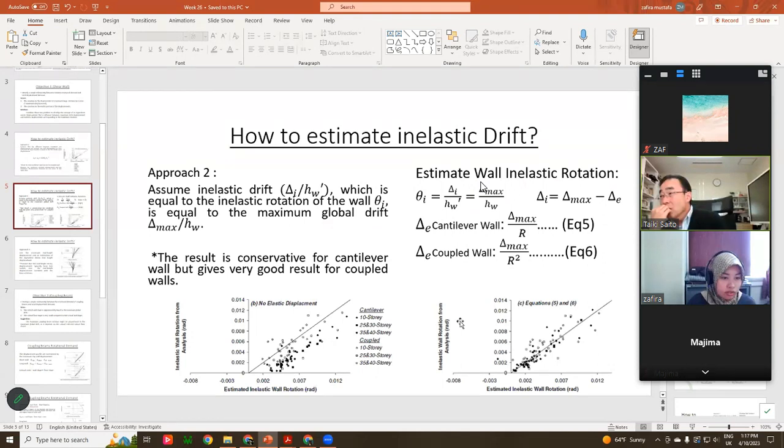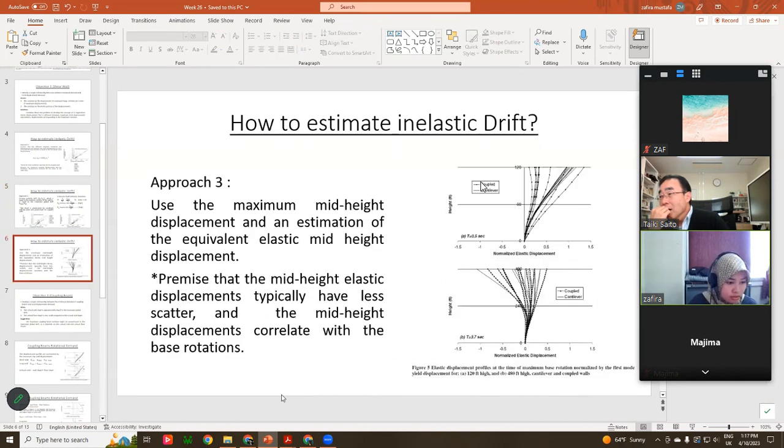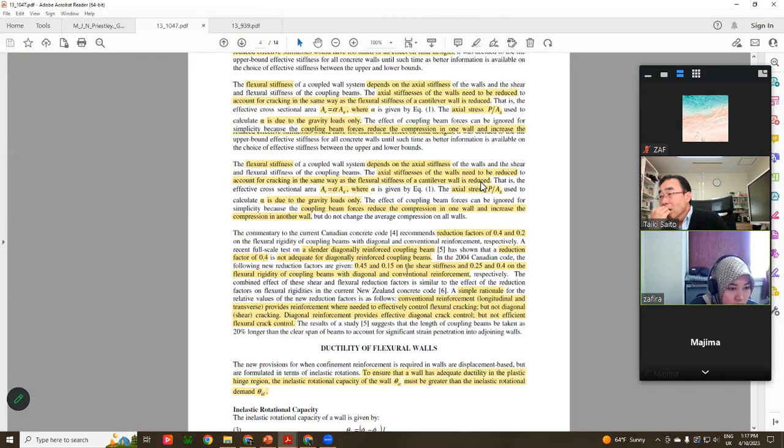So for the rotation, they consider the inelastic drift and also the inelastic rotation, theta I, and R here.